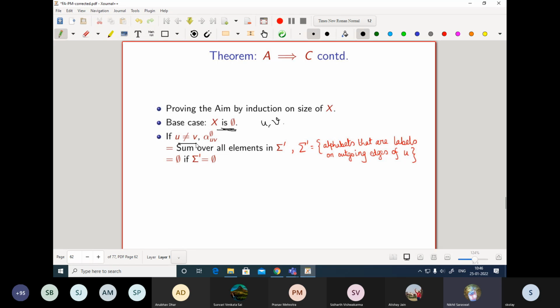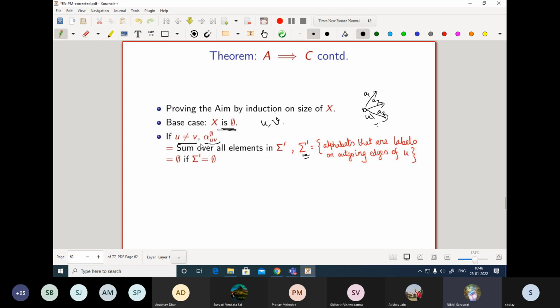So suppose U is not equal to V, what can alpha UV empty be? So this will be sum over, look at sigma dash. Sigma dash is the alphabets that are labels on the outgoing edges of U. So you look at U, look at all the outgoing edges, look at the labels on them. This is contained in sigma dash.